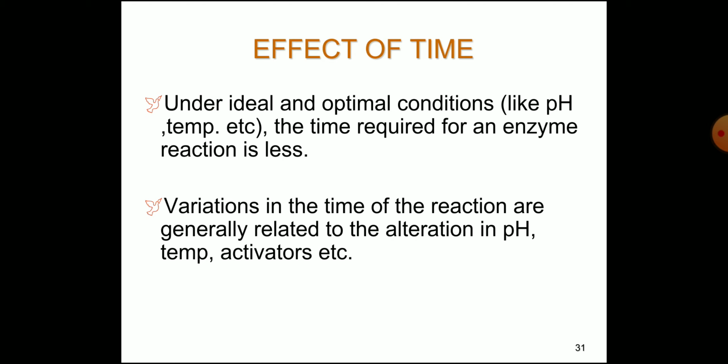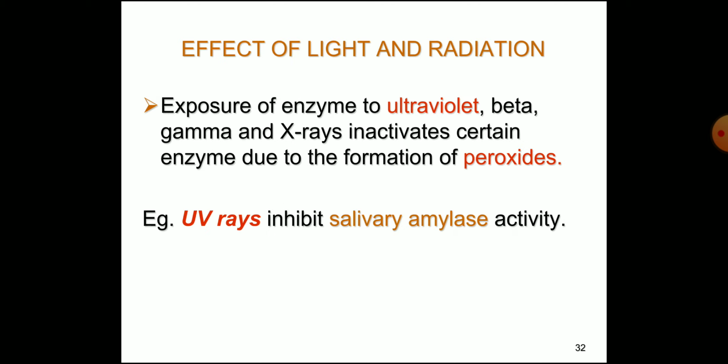Variation in the time of the reactions is generally related to alteration. If there is any alteration in the pH, temperature, activators, etc., there will be variation in the time of the reaction also. Sometimes the reaction will take a long time if there is alteration in the pH, temperature, and presence or absence of activators. So that is the effect of time on the enzyme velocity.